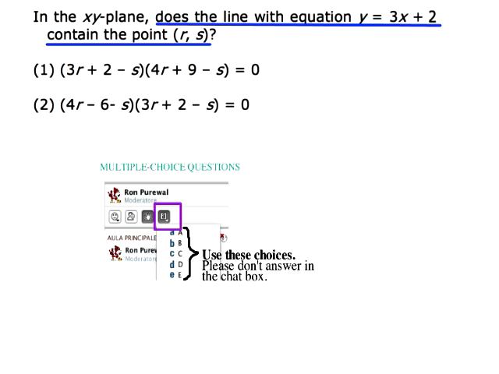If these are all variables, it's a little bit weird. But if I said, does the line y equals 5x minus 11 contain the point 3, 3, how would you test that?